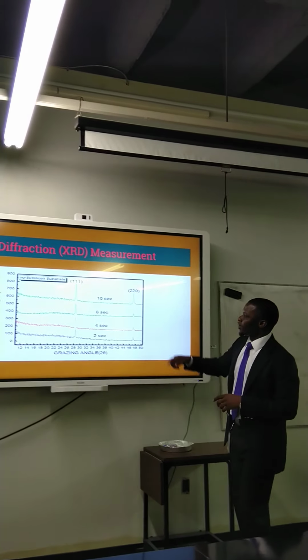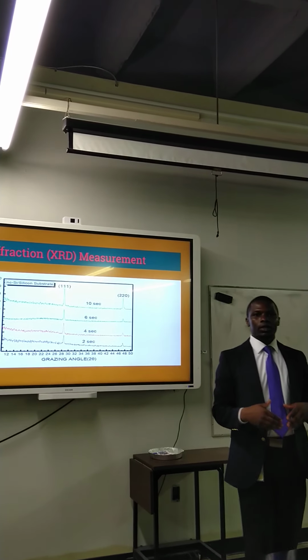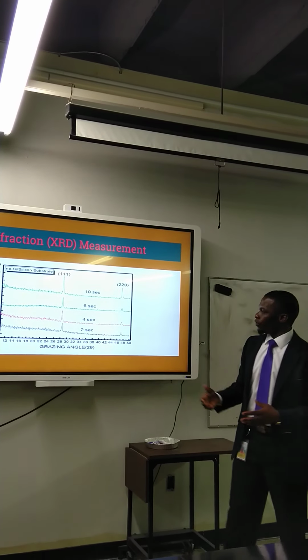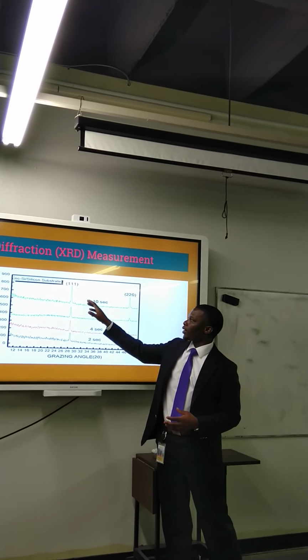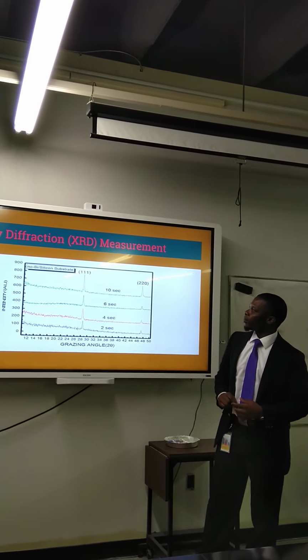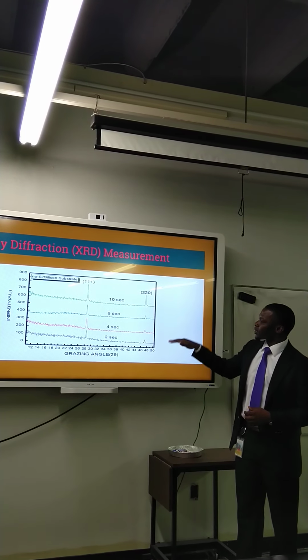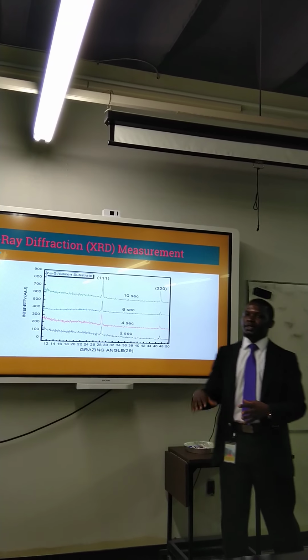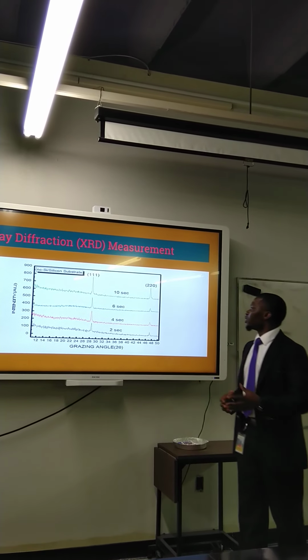As you are having these peaks, we know that the film is crystalline. You can see as well that the peaks are kind of sharp pointed, and then as we go on, the peaks drop. So this one shows the intensity of the nanocrystal silicon.